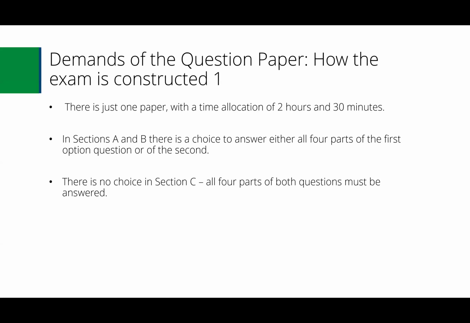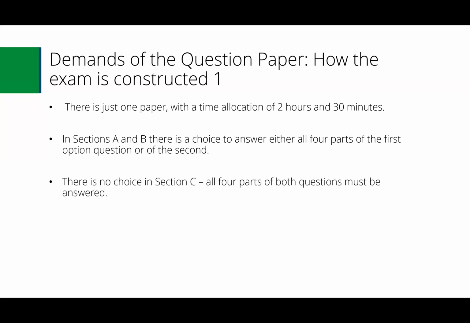So for example, a student might use question 1, and they would have to cover all the different 4 parts within it. What you need to understand is that there's only one paper, and the time allocation is 2 hours, 30 minutes.